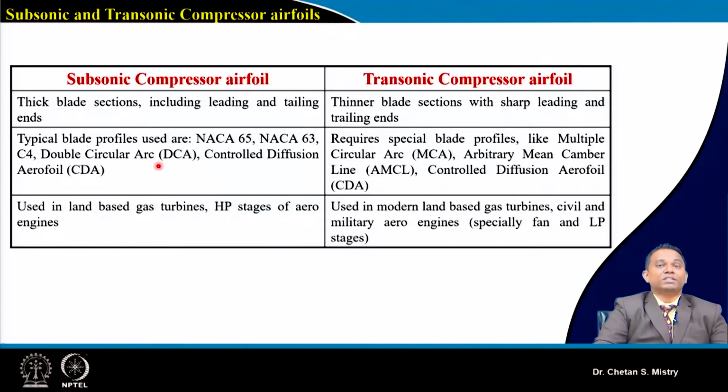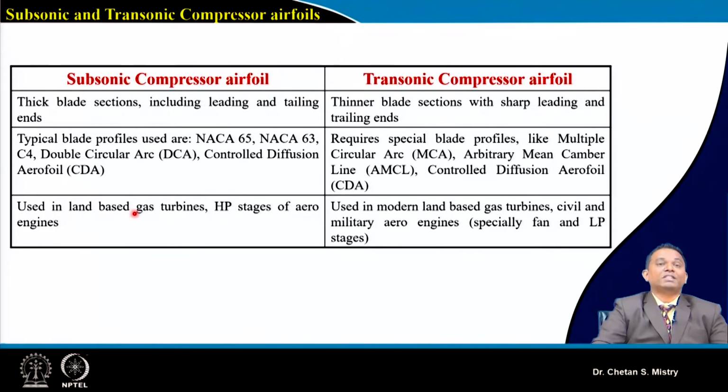We use the C4 aerofoil, NACA 65, NACA 63 aerofoil, and CDA or controlled diffusion aerofoil for the subsonic kind of configuration. When we move to the transonic compressor, we look for double circular arc aerofoil, multiple circular arc aerofoil, arbitrary mean camber-line aerofoil, and controlled diffusion aerofoils.